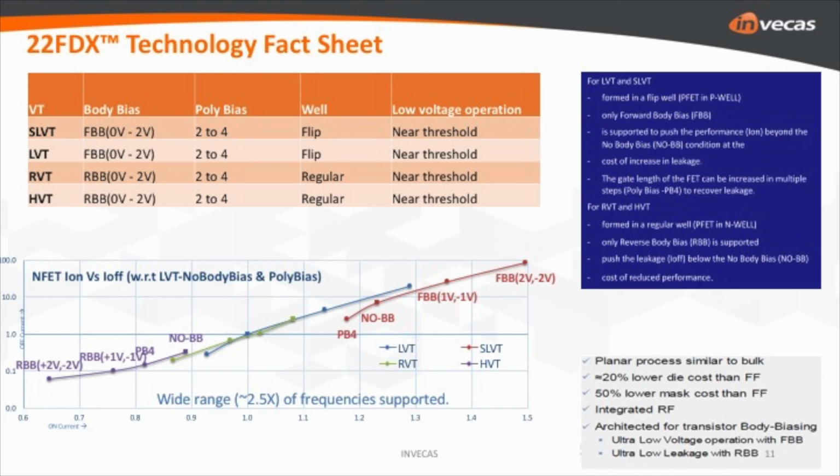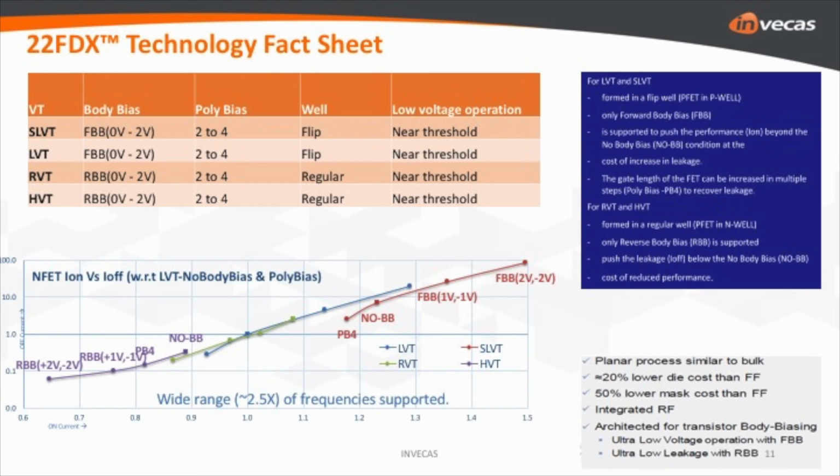Now if you look at this graph where we have the FinFET Ion versus Ioff with respect to LVT and no body bias and poly bias, the characteristics show us that there is a wide range of frequencies which can be supported, as high as 2.5x.